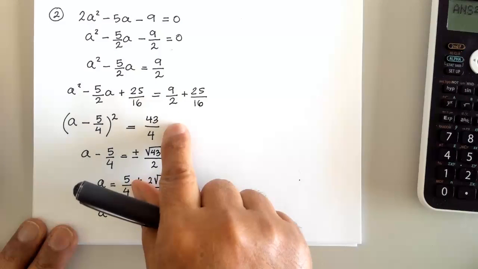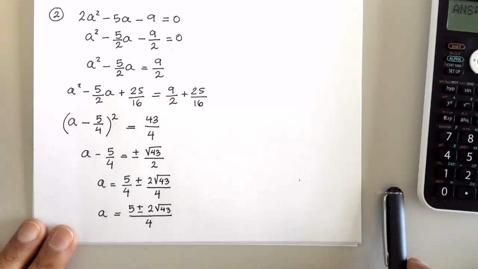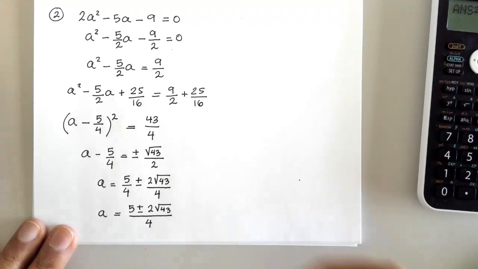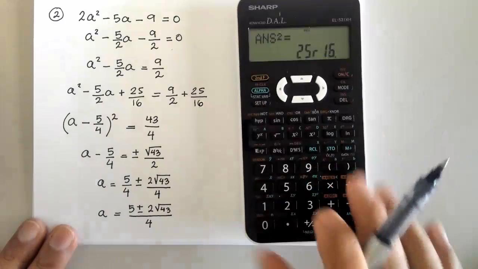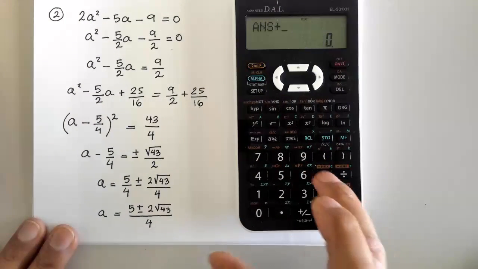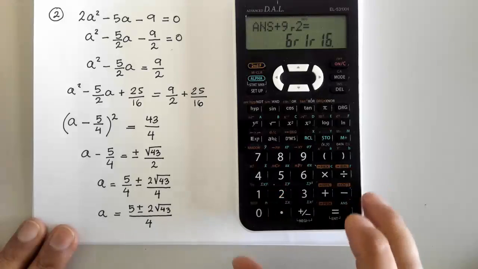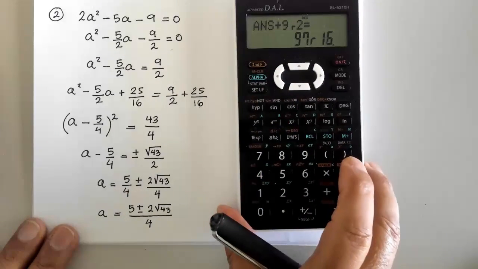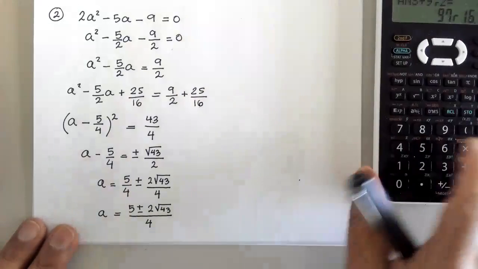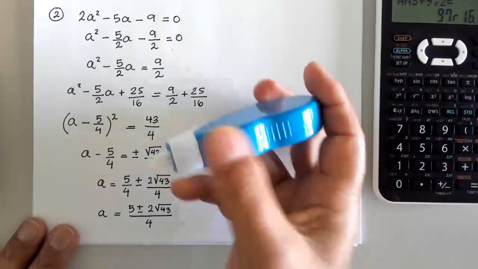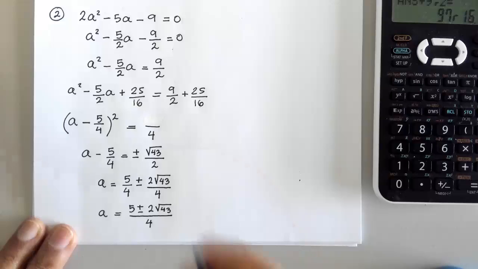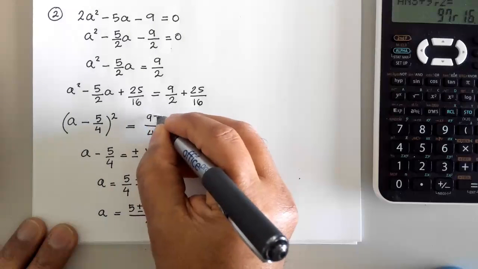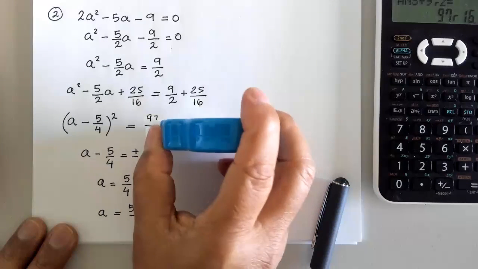But if you do that, then we're going to have to be careful with this. We're going to have to redo these calculations. So we're going to be adding plus 9/2. So now this becomes 97/16. So this is actually 97 over 16.